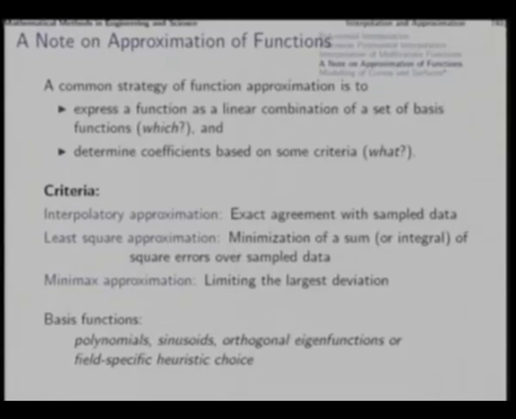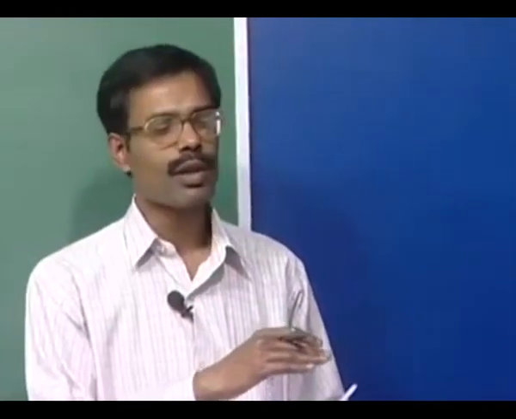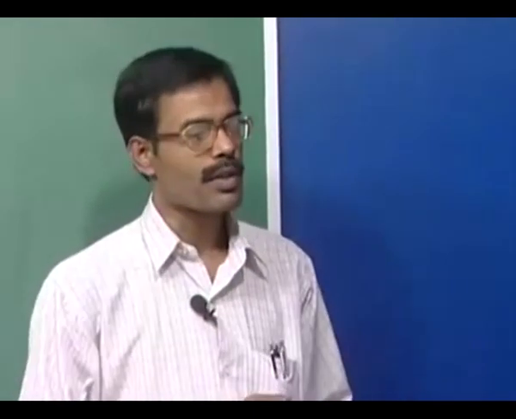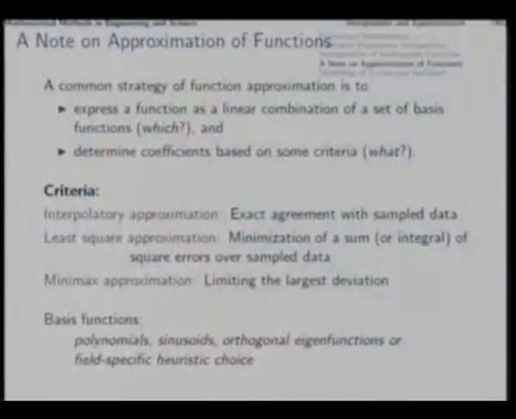And then sometimes field-specific heuristic choices are also possible, the kind of choices we were talking about when discussing least square approximation in the context of optimization. All these are proper choices of basis functions, and we choose the set of basis functions and the criterion depending upon our field of application.